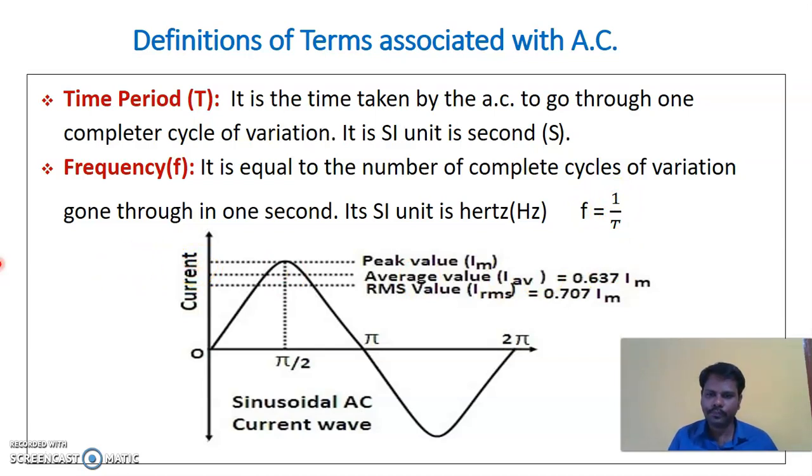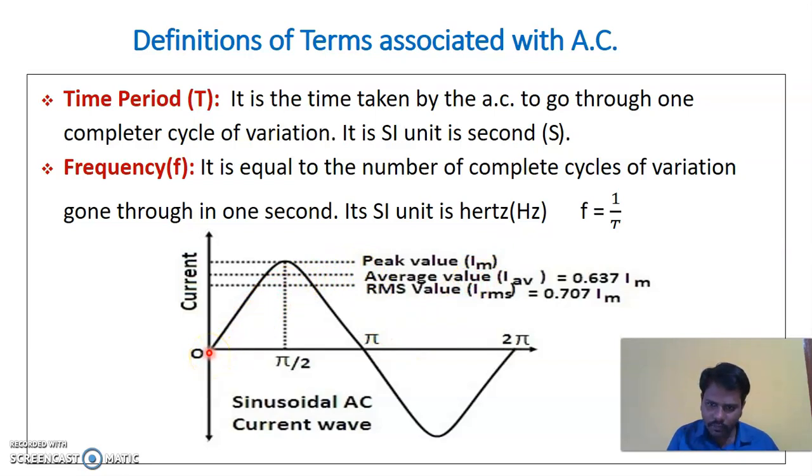Now, the graphical representation of alternating current is as shown in this picture. The maximum current is the peak value, represented by I naught. Now look at this.